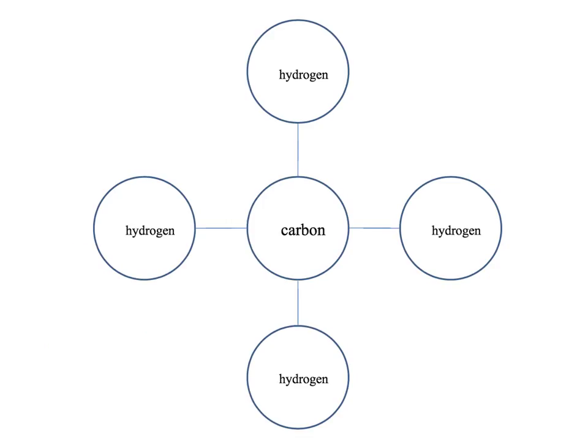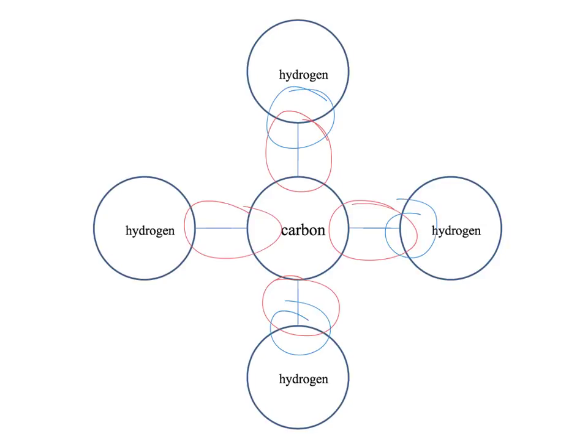Carbon itself is capable of making 4 bonds. And hydrogen is capable of making 1 bond. Now this is really good because it means that 4 hydrogens can bond with 1 carbon atom. This molecule is showing methane, which is CH4.